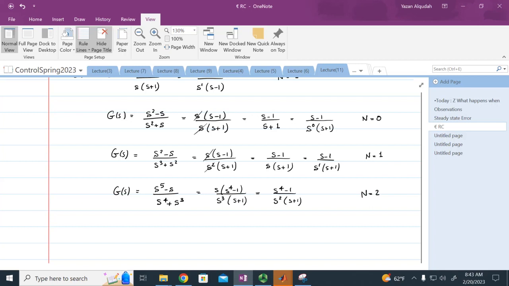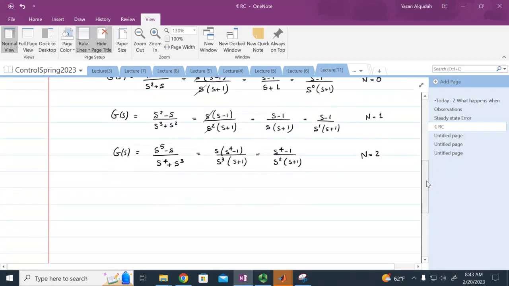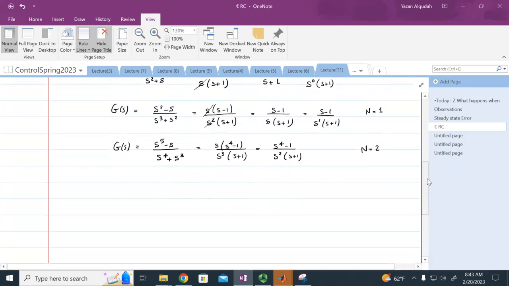Okay. Any questions? Clear? Okay. So this n, we're going to define it as the system type.